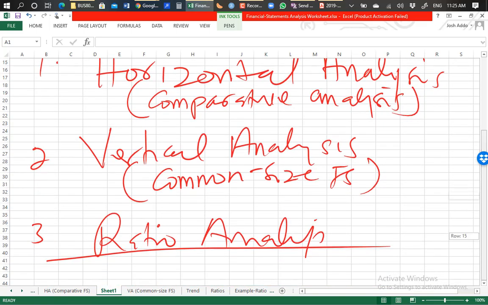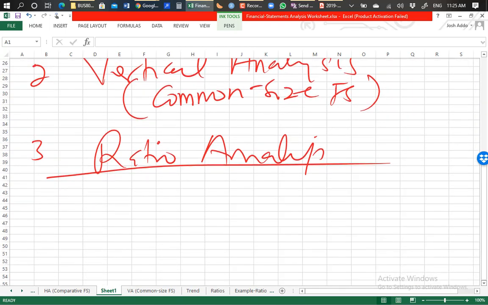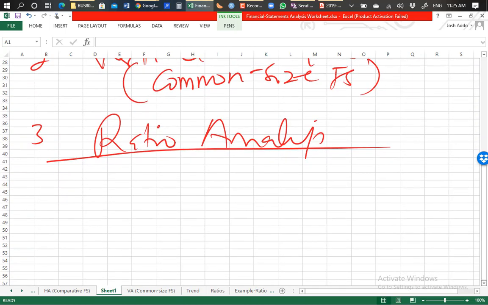Horizontal analysis, also called comparative financial statements or comparative analysis. Basically what it means is that for the reporting entity to help the users of the financial statement to gain some information for their decision making, it has to, in addition to the reporting period, bring at least one other period, just like you saw about Ghana.